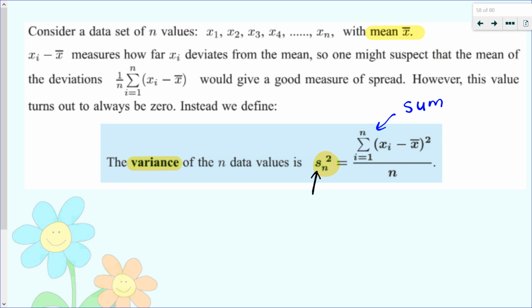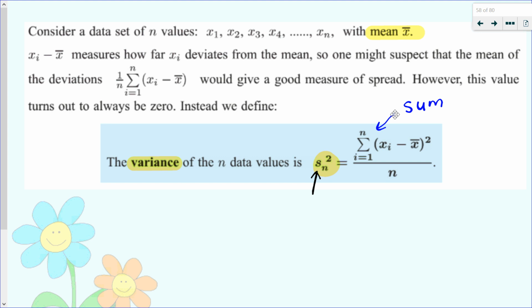So let's say we were looking at all of our shoe sizes. We would take everyone's individual shoe size and subtract the mean. We'd square them, we'd add them up, and we divide by the number of people there were. And that is the variance.